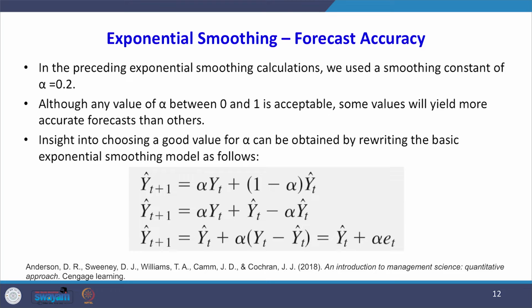So, yt plus 1 hat equals yt hat plus alpha, which is common, so it can be taken out. So, yt minus yt hat, actual minus forecasted value, is the error. Thus, yt plus 1 hat is nothing but the previous forecast plus alpha into the error term.